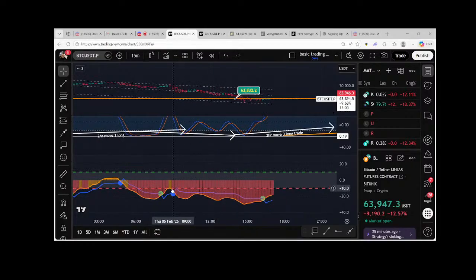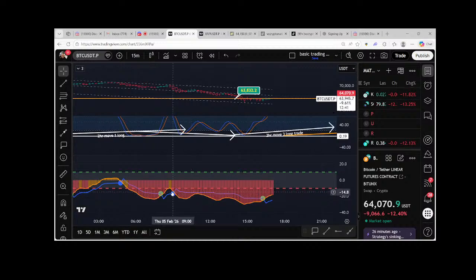When the moon indicator starts its reversal to the long position after the third 2-hour move, you go to the 15-minute moon line, and when that starts to head up, that's the candle you enter.